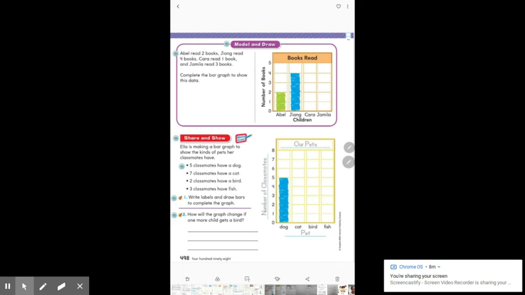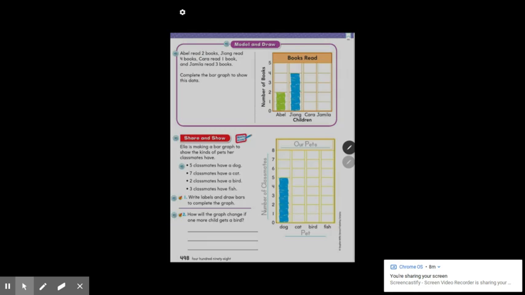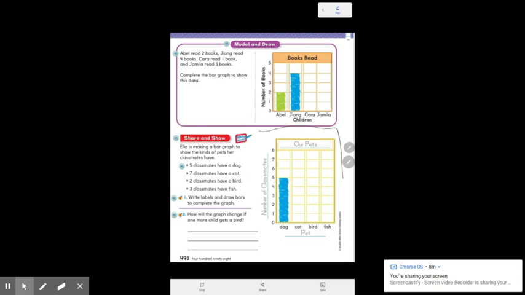So this is the bar graph that you're going to be expected to do first. Now, you're going to have to create this information right here. Let me go back. I need to select it first so it doesn't move. You're going to have to create this bar graph on a piece of paper.